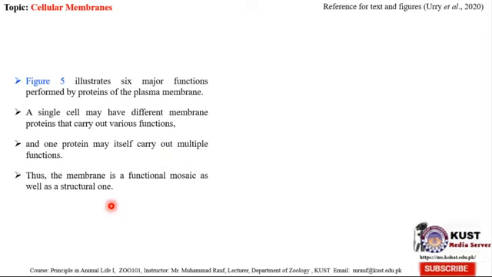Thus the membrane is a functional mosaic as well as a structural one. The membrane proteins make the membrane not only a structural mosaic, but these membrane proteins play a wide array of roles, so therefore it also makes this membrane a functional mosaic.